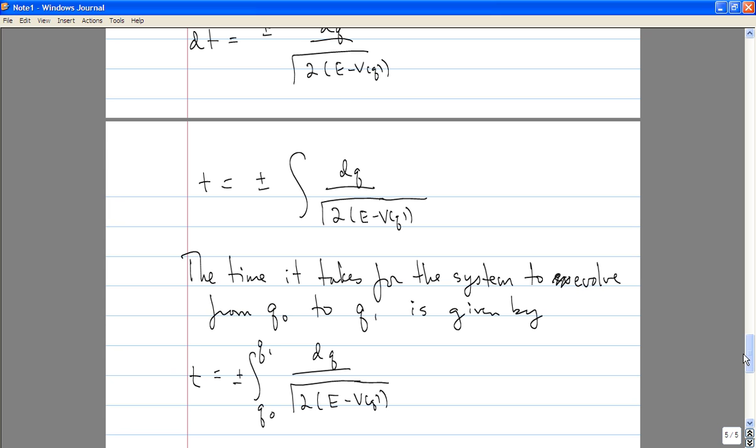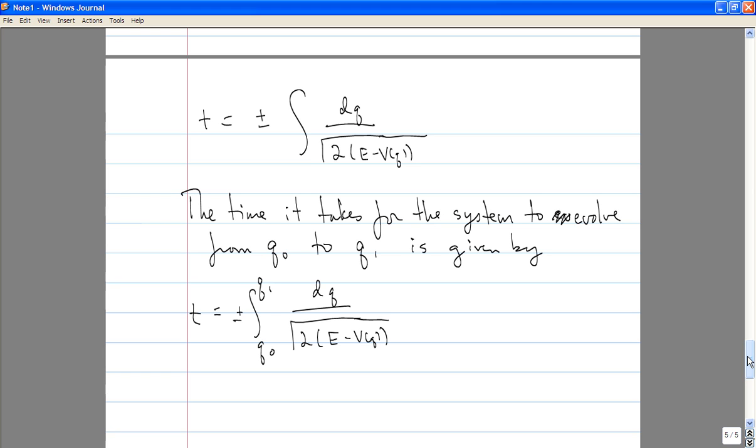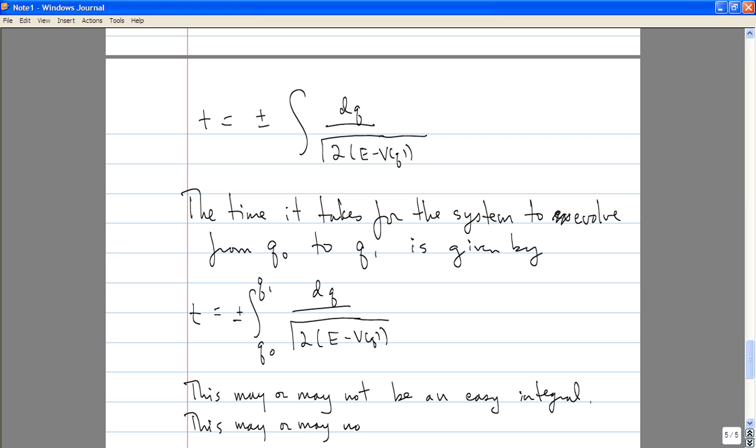And sometimes, if you're lucky, this can be inverted to find q as a function of t, but not always. So this may or may not be an easy integral to do. And even if it is, it may or may not be invertible to find q as a function of t.